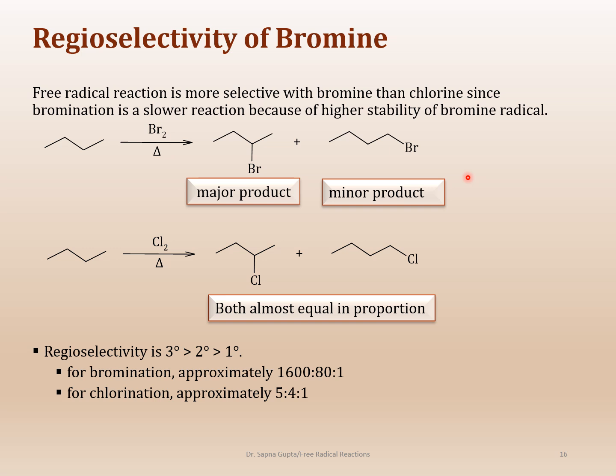When it reacts slowly, it can be more selective in its reaction. When something is fast, it's not selective at all. It's just going to react with anything. So it's a hard reaction to control at that point. Here I've given you some numbers if you need, but otherwise, just remember that bromine is a little bit better to work with than chlorine.